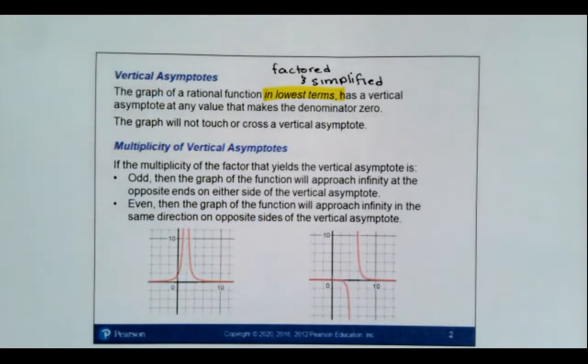It has a vertical asymptote at any value that makes the denominator 0. Okay. The graph will not touch or ever cross a true vertical asymptote.